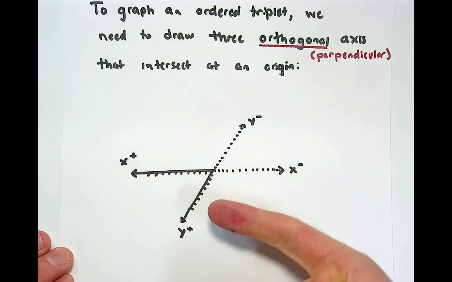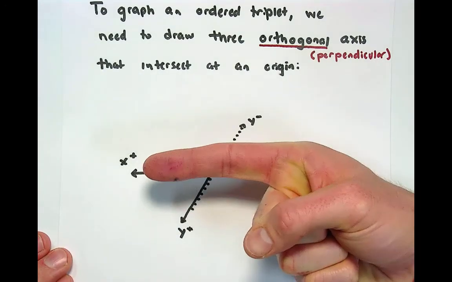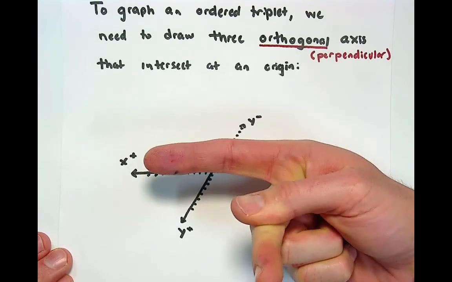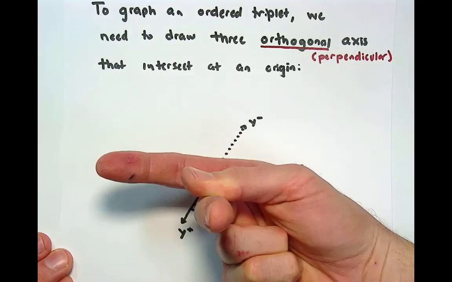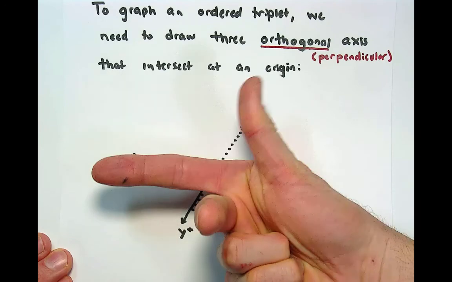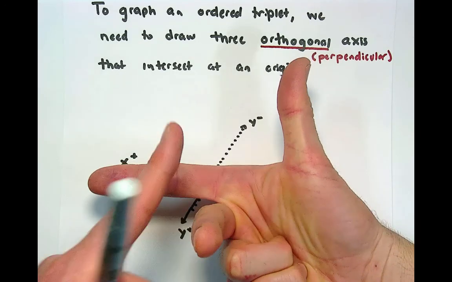So if I'm wondering how do I draw the positive z: index finger in positive x, middle finger positive y coming straight up out of the board, thumb orthogonal to both of them.